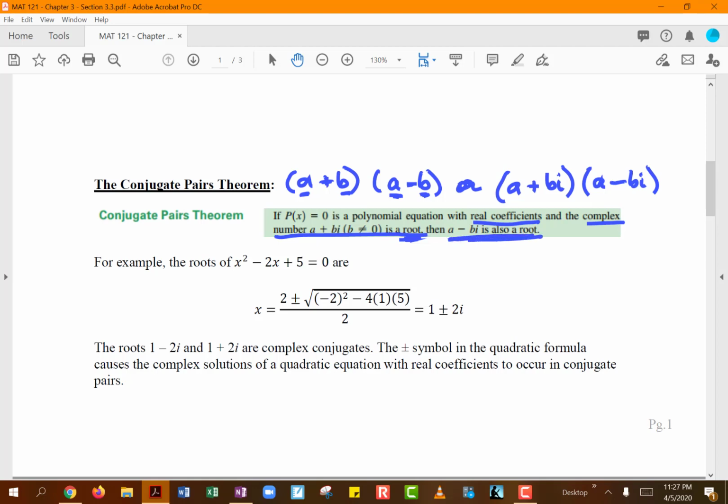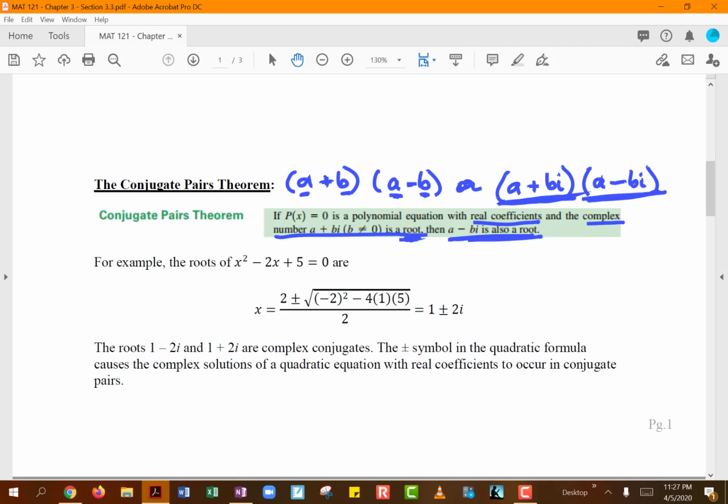So they're basically saying if you solve a polynomial function and you get a plus bi as one of its roots, that means automatically a minus bi is also going to be a root for that same polynomial function.